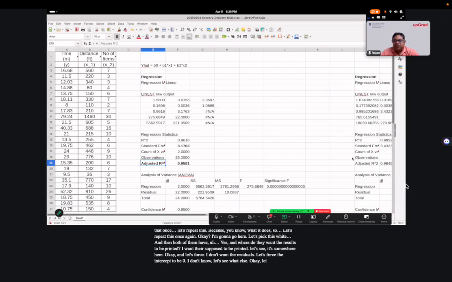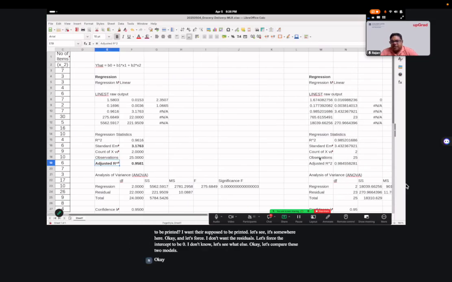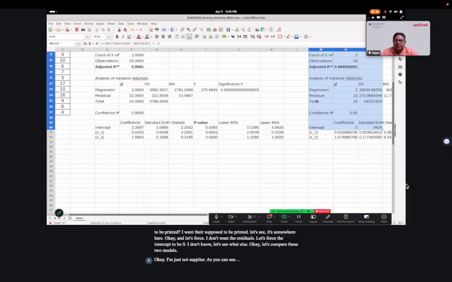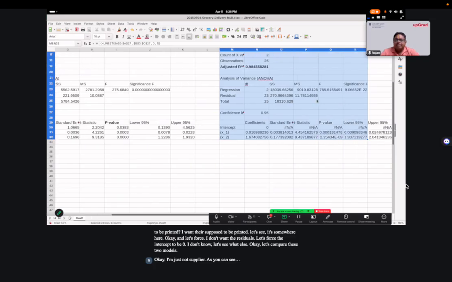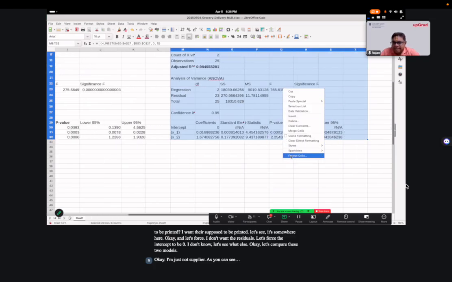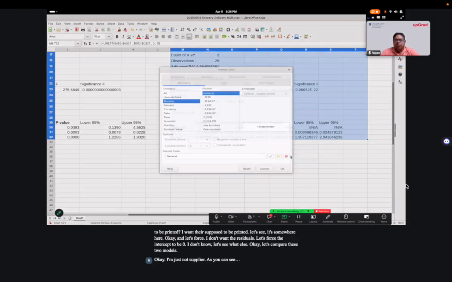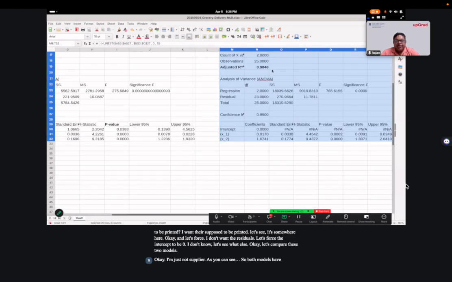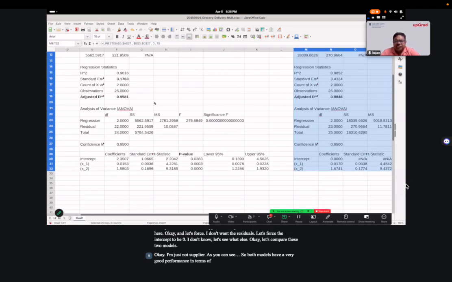Okay, let's compare these two models. Okay. That's good. Adjusted R squared. Okay. As you can see, both models have a very good performance in terms of the adjusted R squared.